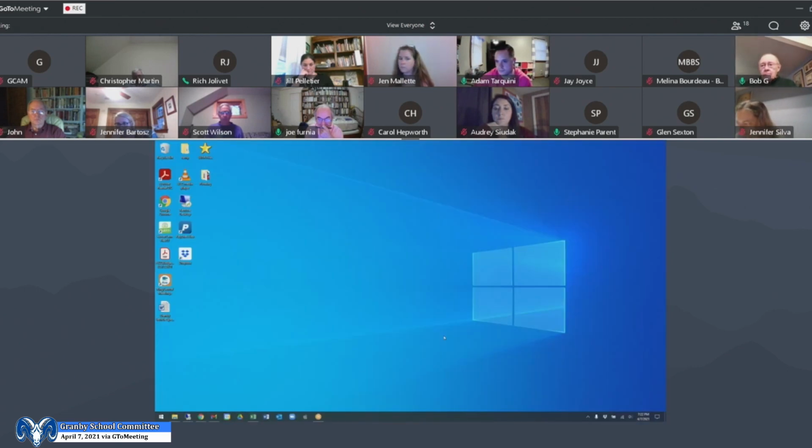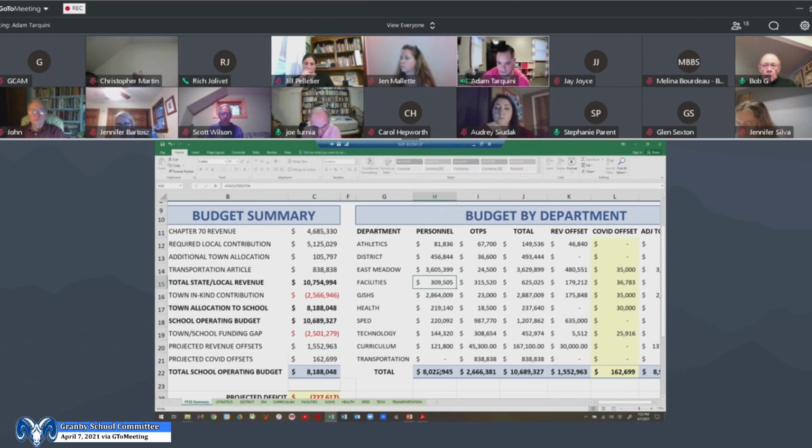Some of that personnel money is contractually obligated increases through the teacher scale. If you look at it, there's this 8.022 for personnel. Some of that's offset over here in this column.